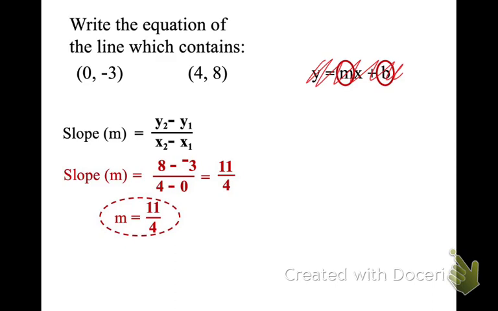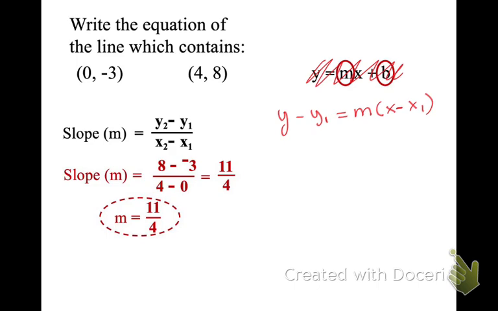Make sure you're paying attention to the directions. y minus y1 equals m times x minus x1. The reason why I like this way is because when you get y alone, you're done. The reason why I don't like substituting into y equals mx plus b is because once you find the b, people forget to write the equation.